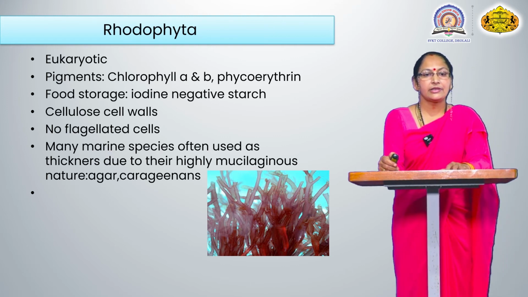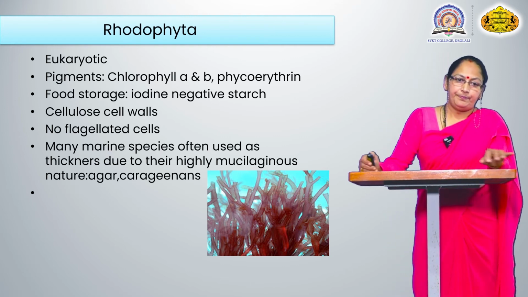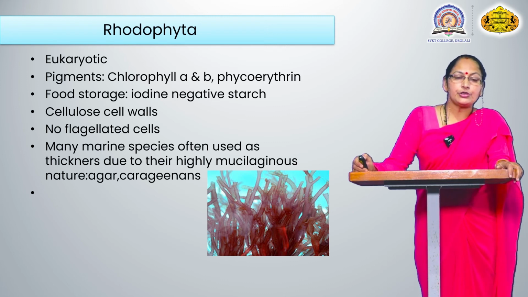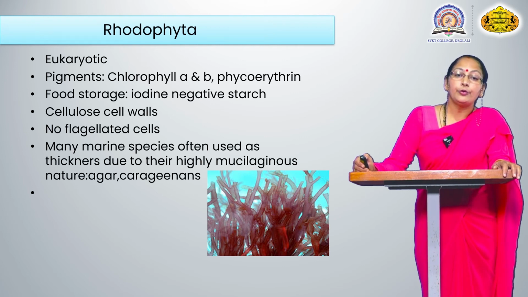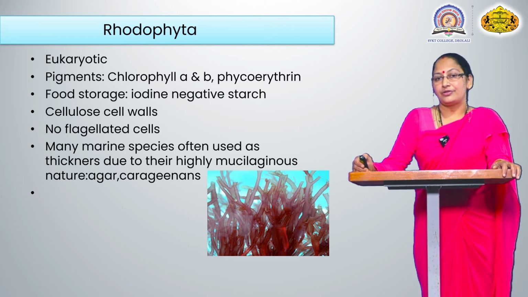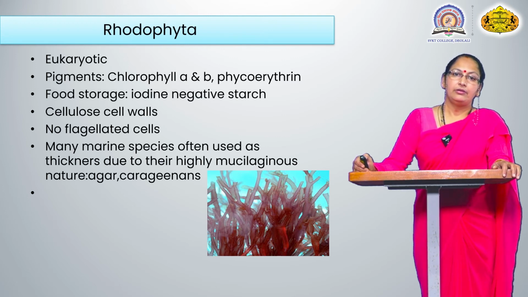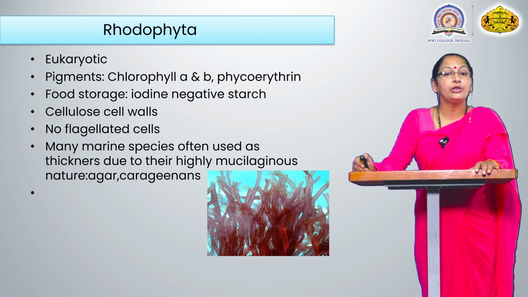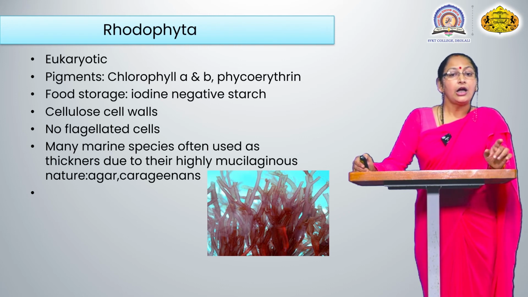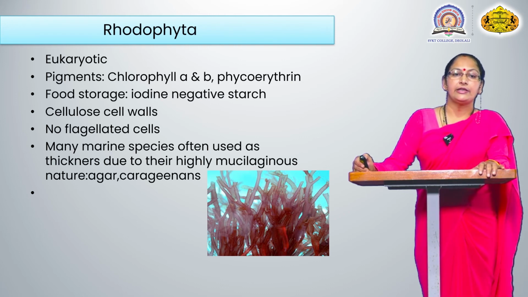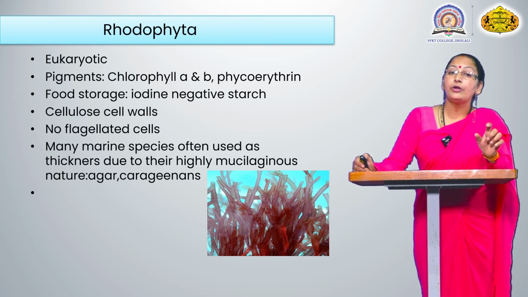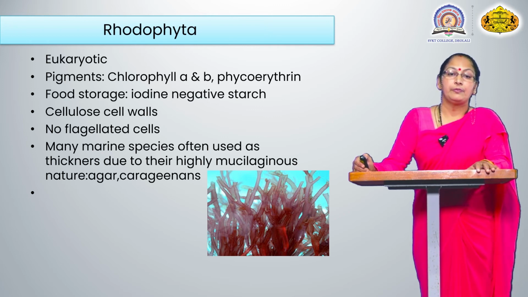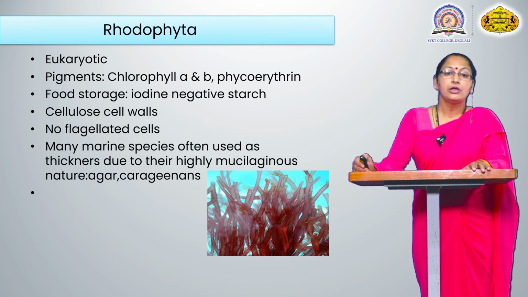Okay. Then next character is food storage. The reserve food material stored in the plant body is iodine negative starch. It is a very different character compared to Cyanophyta, Chlorophyta and Euglenophyta. Which one? Iodine negative starch is present in Rhodophytic algal forms. This is also important for medicinal purposes, in pharmaceutical industries, and for the formation of agar.